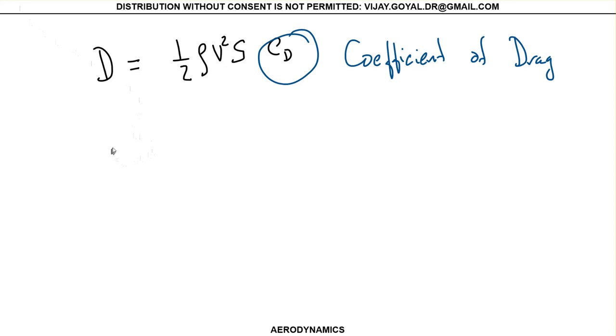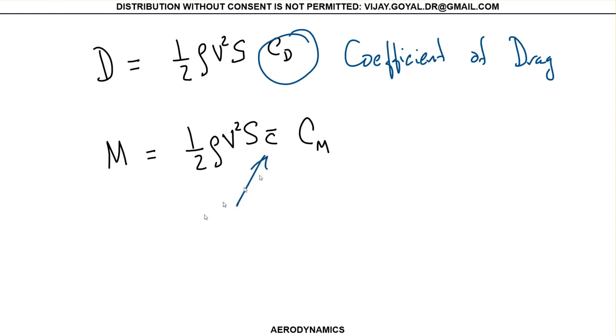I can also have my moment, my aerodynamic moment, and the aerodynamic moment is given by 1/2 rho V squared times wing area times my mean chord times Cm. Okay, this is the mean chord. We will go over that in a moment.